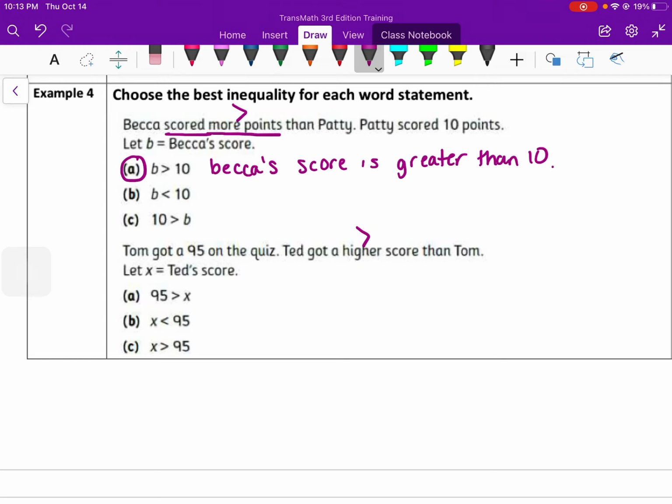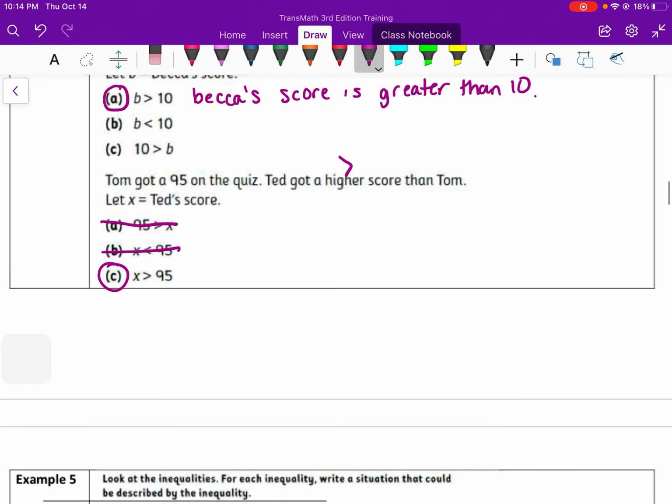Ted's score was greater than 95. So this one reads that 95 was greater than Ted's score, which would not be correct. This one says that Ted's score is less than 95, which is not correct. So that leaves us with our C. Ted's score was greater than 95 because it was higher than Tom's score of 95. So that would be the best answer to match that.